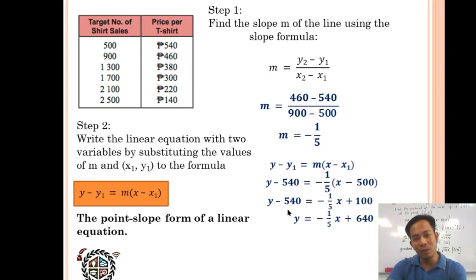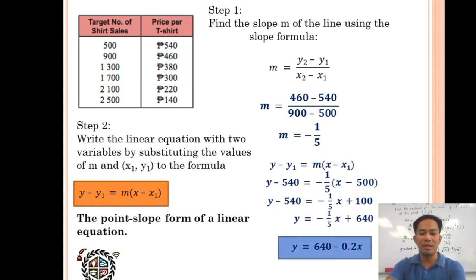So what you need to do to remove negative 540 is you add both sides by 540. Okay? Next. So you will get now 640 minus 0.2x. Oh, where did I get 0.2? 1 over 5 is 0.2 basically. Okay, so that's your answer.